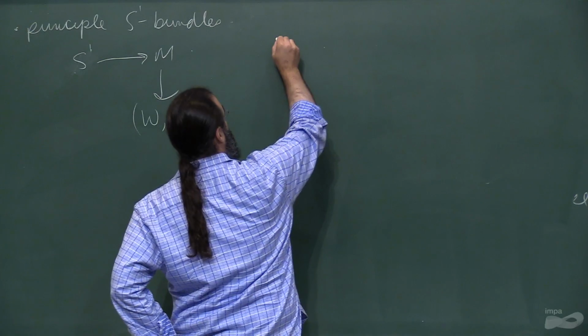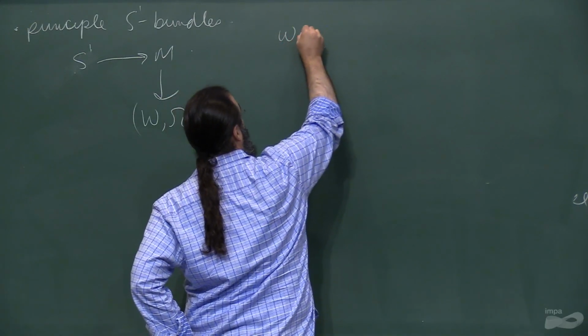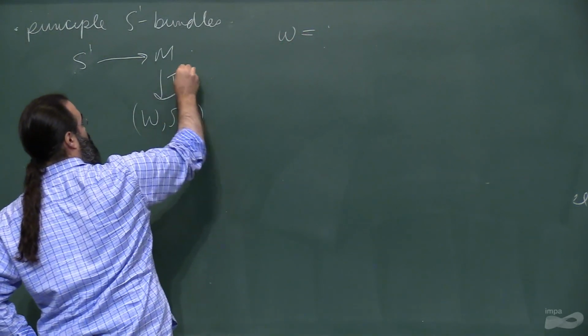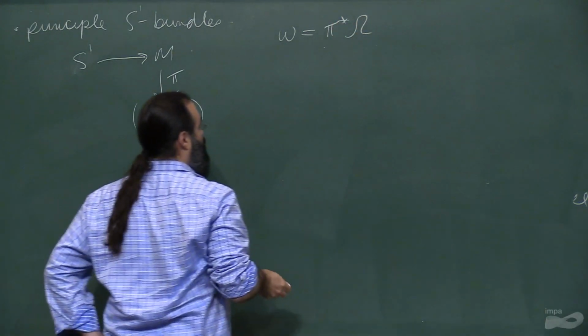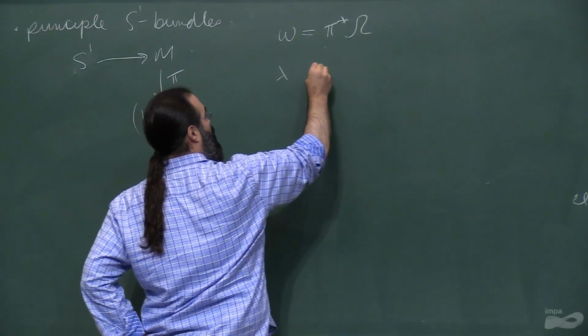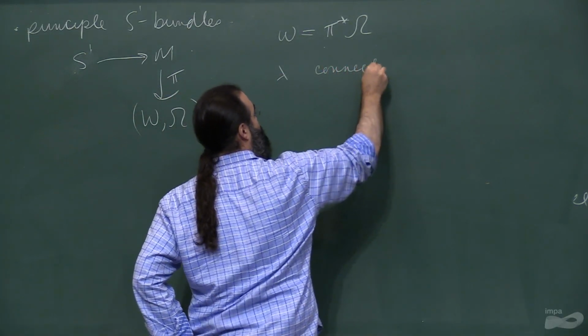We can get a stable Hamiltonian structure here by having our 2 form B, let's name the projection pi, be the pullback of the symplectic form, and our 1 form be a connection form on the bundle.